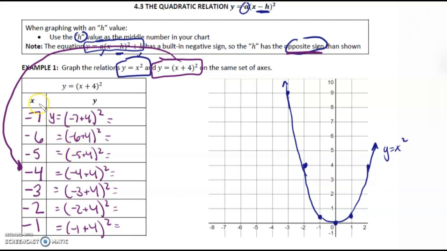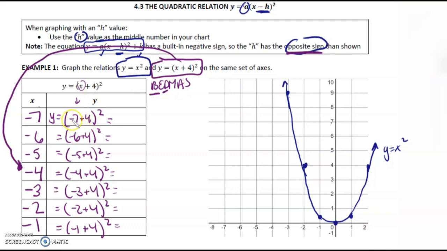All I did was sub in these x values where the x is. Now, let's solve for the bracket and then square it. Remember, we have to do BEDMAS: bracket first and then square, which is the exponent.